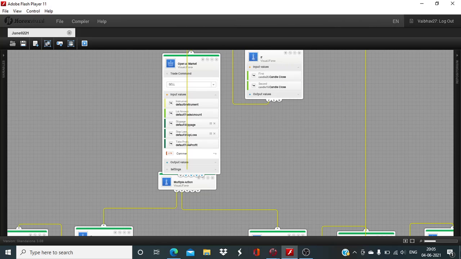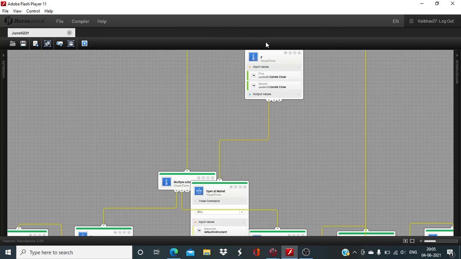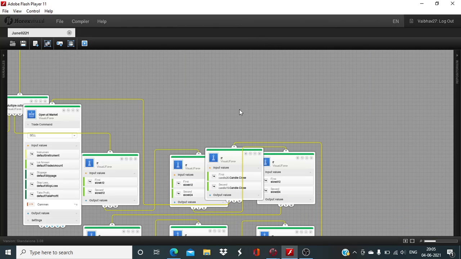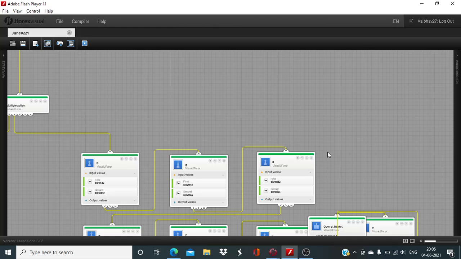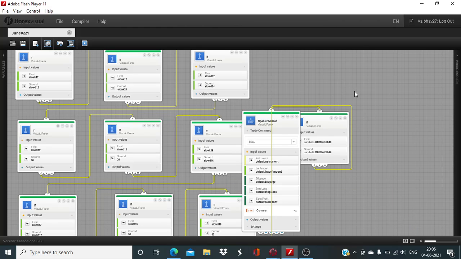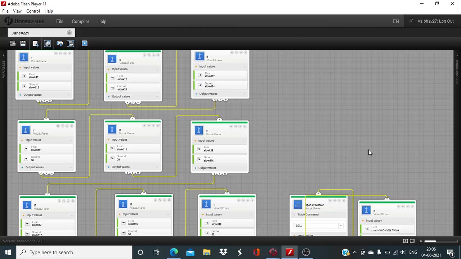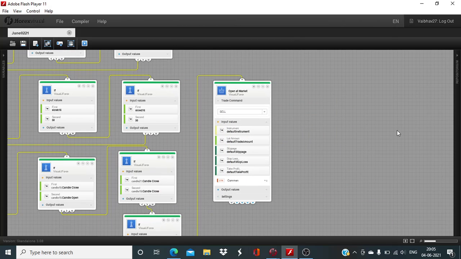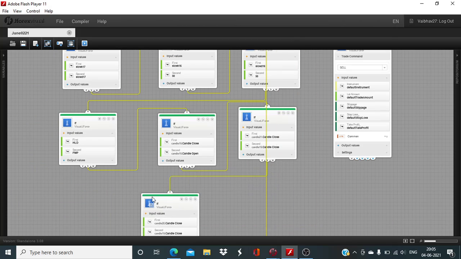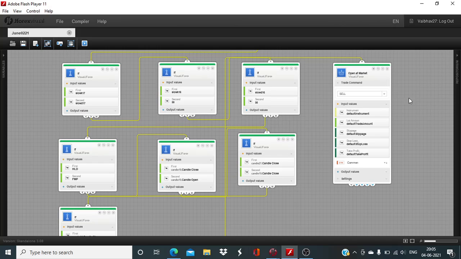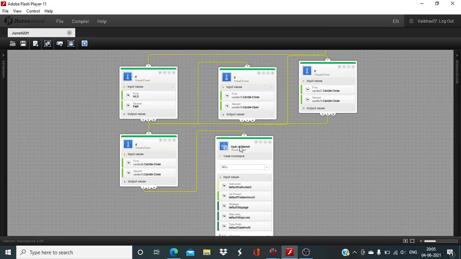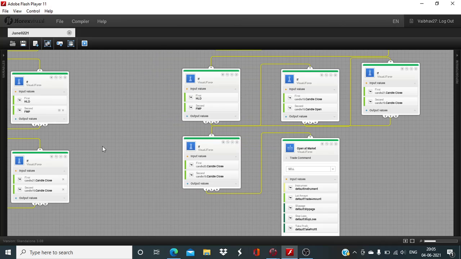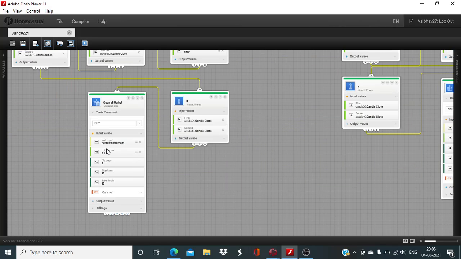Now coming to the parameters for the trade command block, we have to define them as per the buy trade command. We have to make sure that all the input parameters match with what we had done for the buy side.